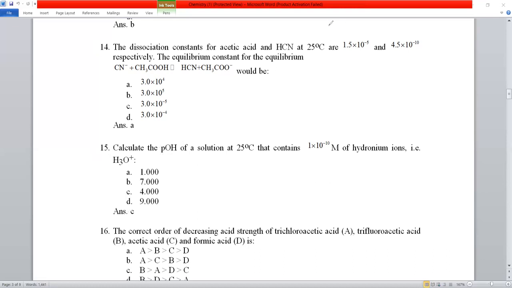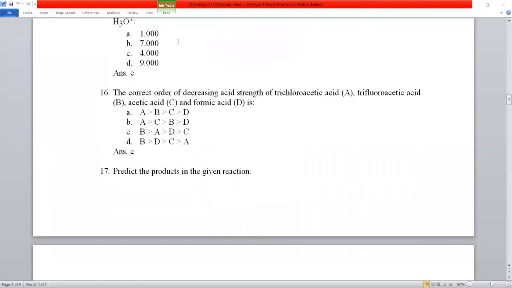So next, question number 16. The correct order of trichloroacetic acid.